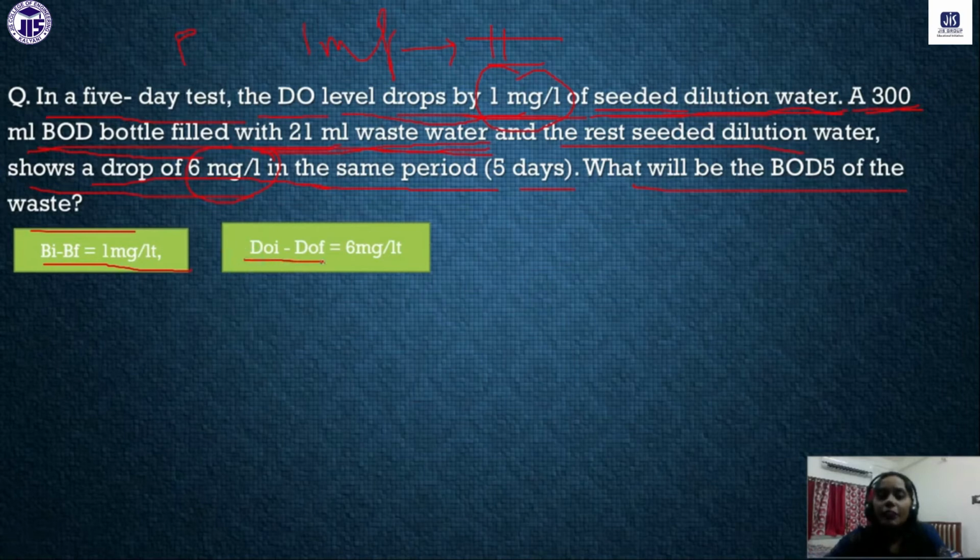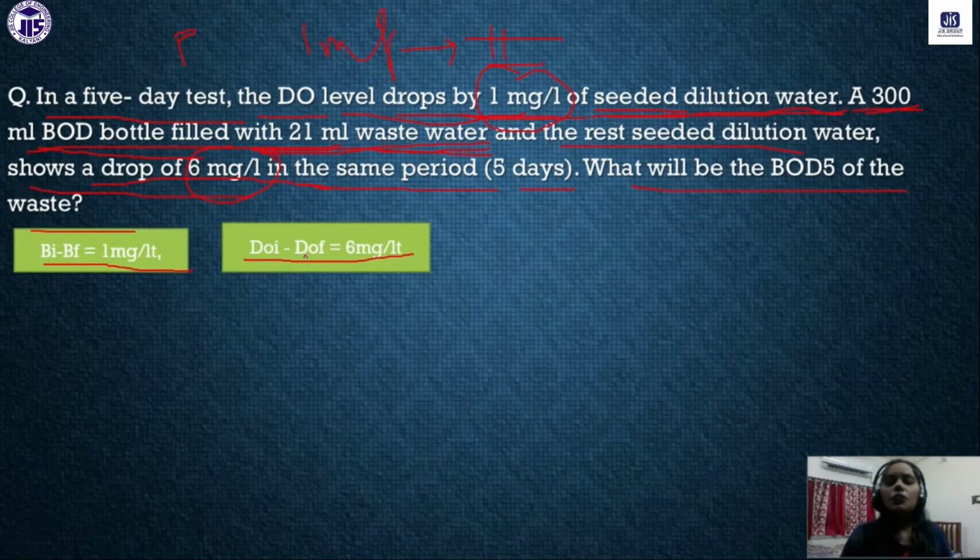That means DOI minus DOF equals 6 milligram. Only when we do initial minus final do we get the drop of dissolved oxygen. So they have already done the subtraction, and these are the subtracted values, 1 milligram and 6 milligram.